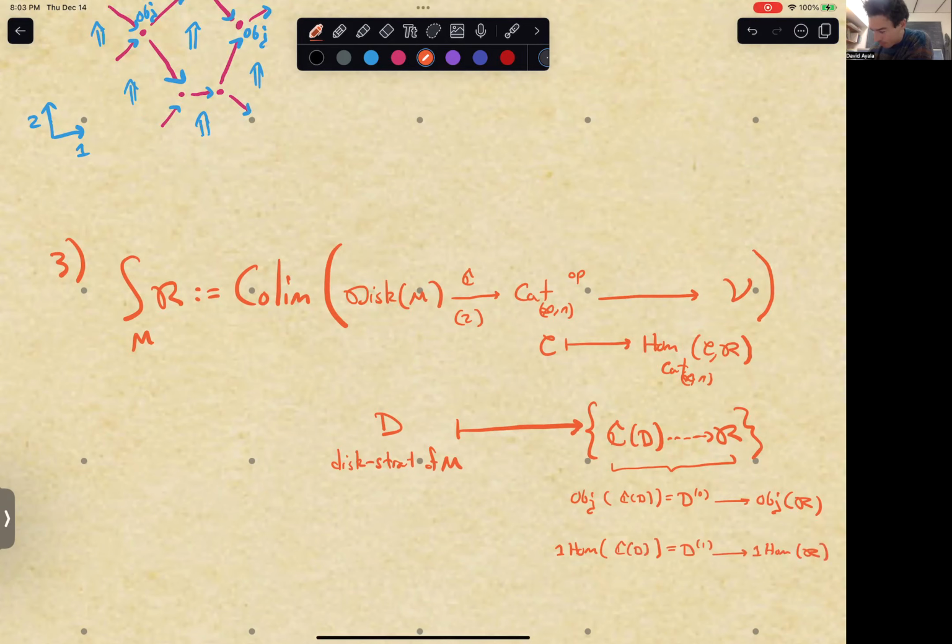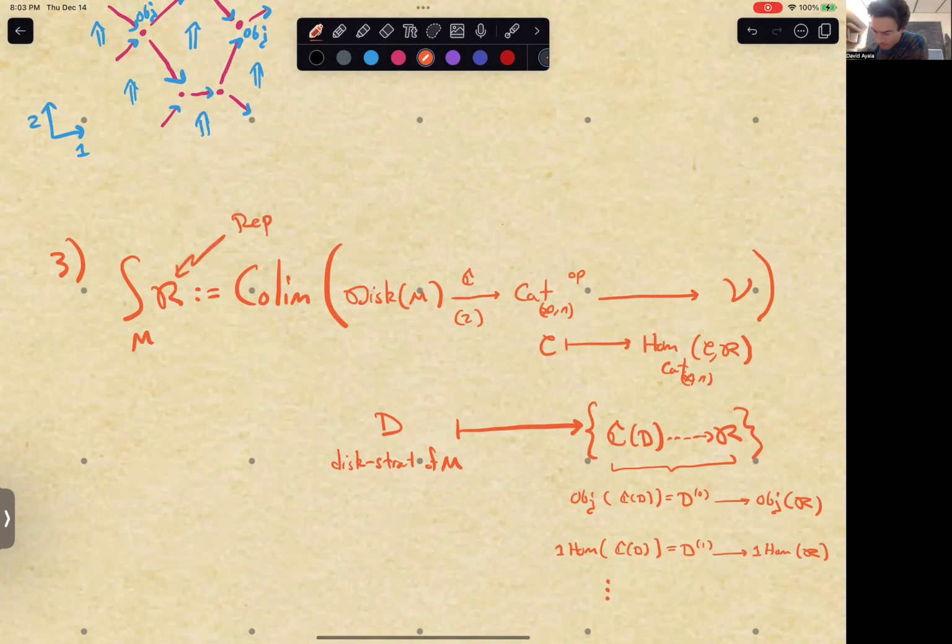So the first functor C basically gives you a decoration of all the strata. That's precisely what it is. That's right. Then what is R? R is a coefficient system. Yeah, that's right.